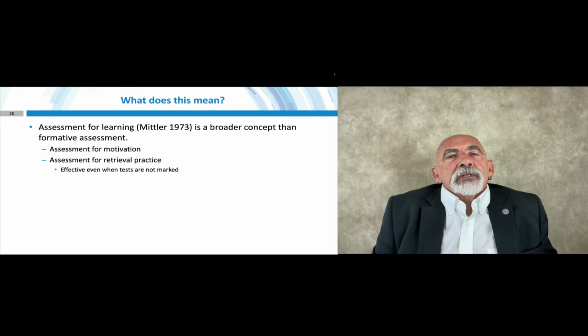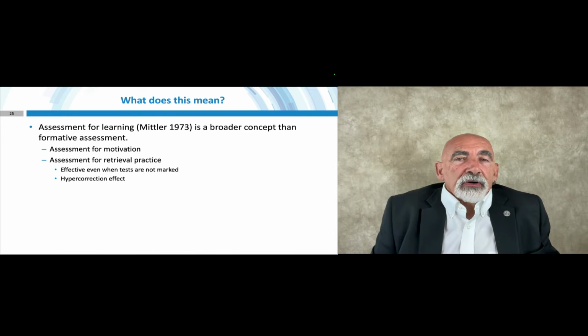And if they were incorrect, they were corrected, and then a few weeks later they were tested on similar problems. What is interesting is the ones who were most confident they were correct when they were actually incorrect benefited more from being corrected. This is called the hypercorrection effect.